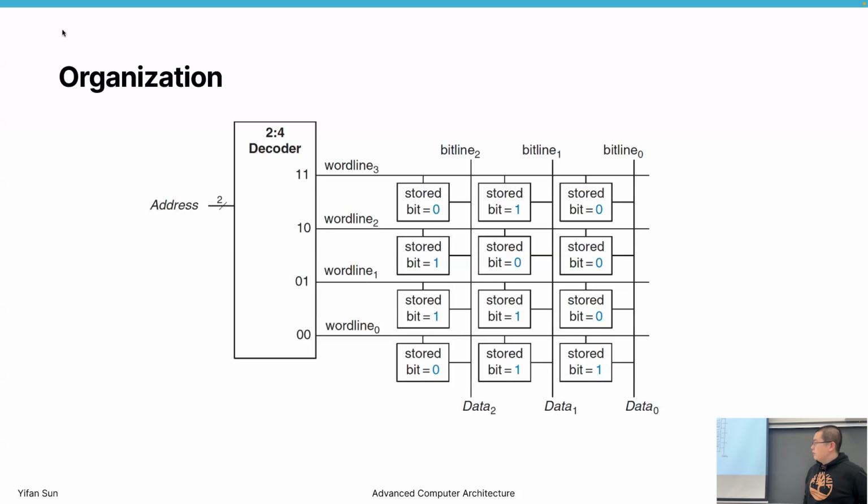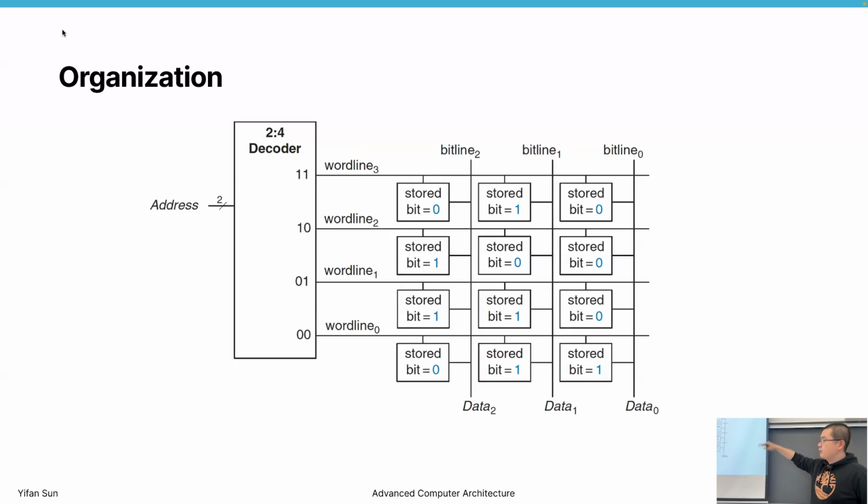Then we talk about the organization of a general memory array. We consider a memory array laid out in this way. We have a word line and a bit line. The number of bit lines represents how many bits there are in one unit, which is the width.